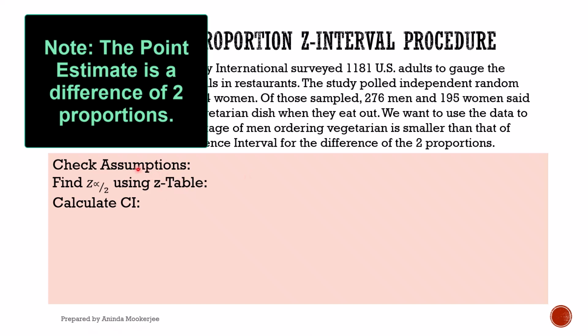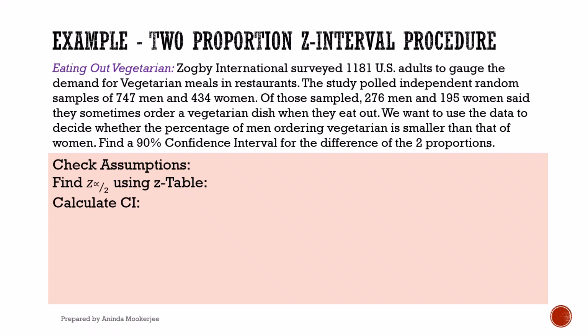The first step is to check the assumptions. Now I'm going to skip that because we already checked the assumptions when we were performing the hypothesis test, and the assumptions are the same. So I will just skip this in the interest of time, and I'll just say yes, all the assumptions were met. The next step is find z of alpha by 2 using the z table.